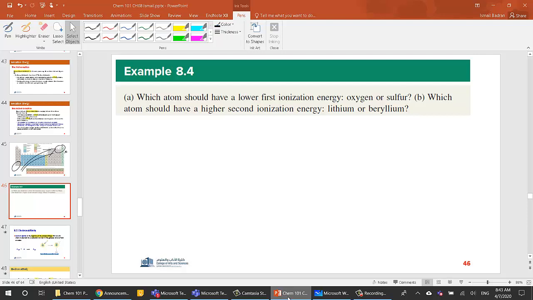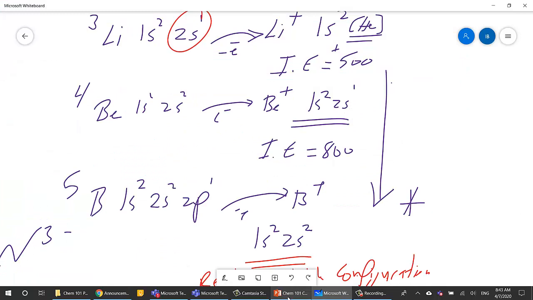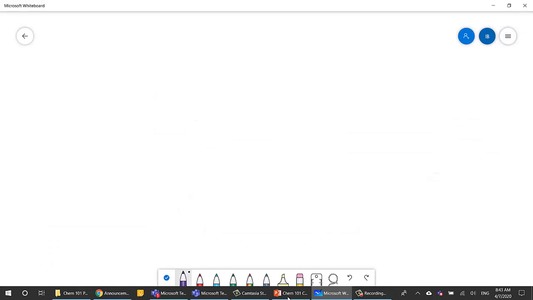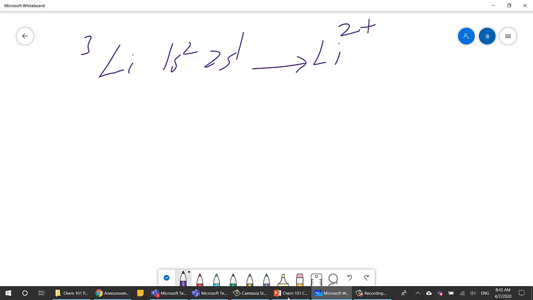But now here the question is about the second ionization energy, and we have to think about this in further detail. Lithium is a 3, so which is 1. It's always nice to write the electronic configuration for these: 1s2 2s1. And therefore, when you want to make a lithium 2+, which is impossible anyway, you're going to make this 1s1.